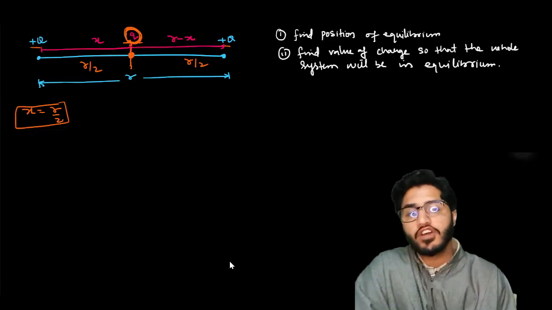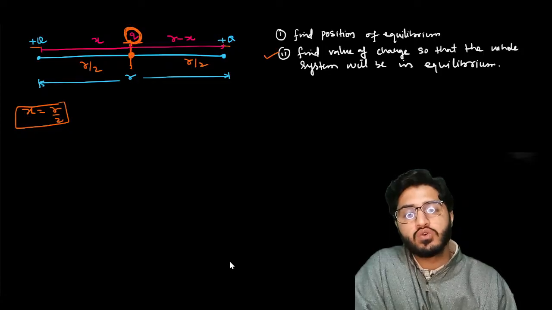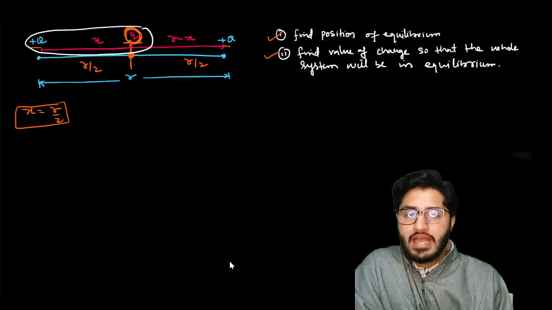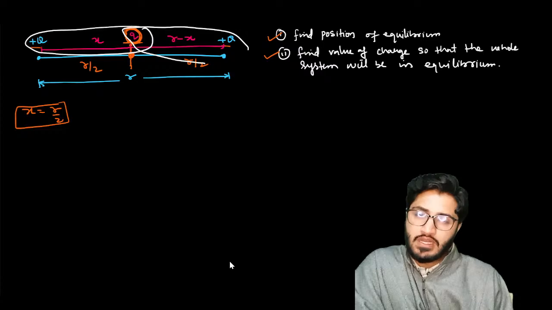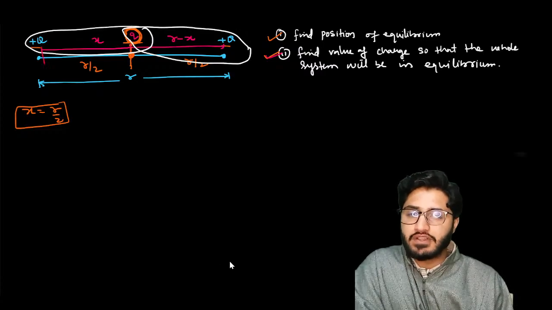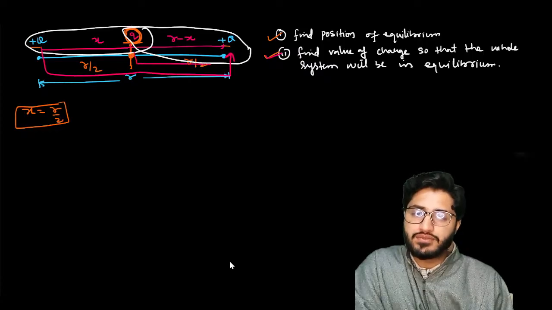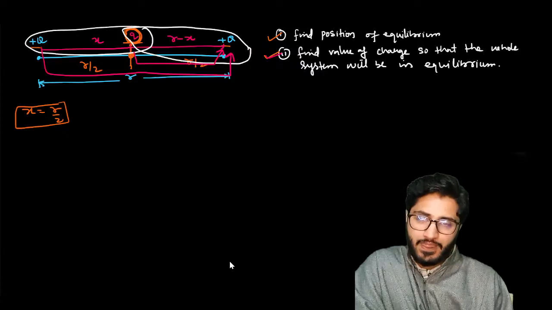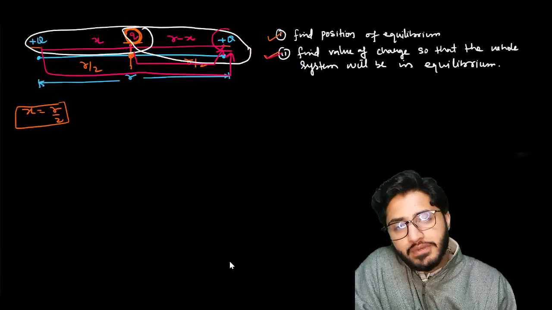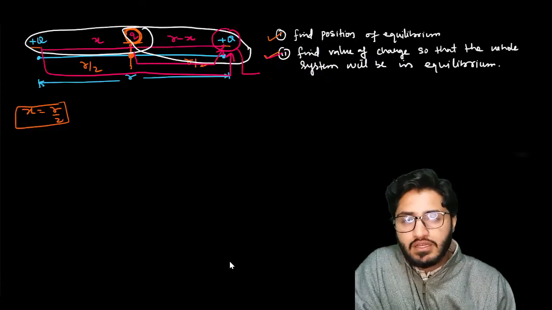Done. So for this second one, how do we need to look? For the first one, we have to make an equation between these two and between these two. But for the second one, I have to make an equation between these two and these two.